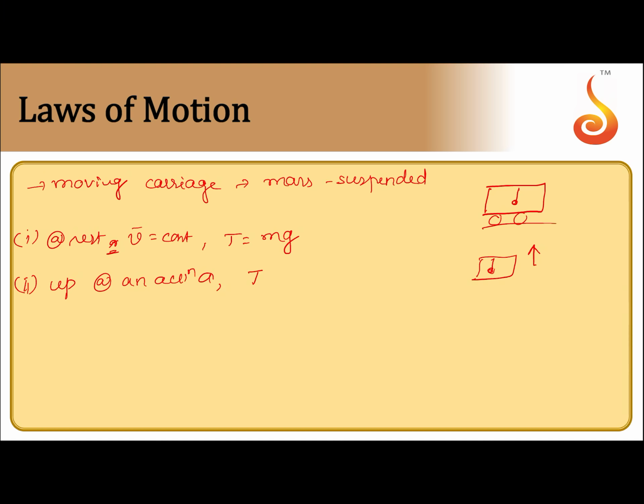So what is the tension in the string? This is nothing but m(g + a). Did we see that earlier? Yes. How? mg, T, ma. So ma was equal to T minus mg. So T = m(g + a). What if I consider it moving down at an acceleration a? Then T = m(g minus a). Similar case.